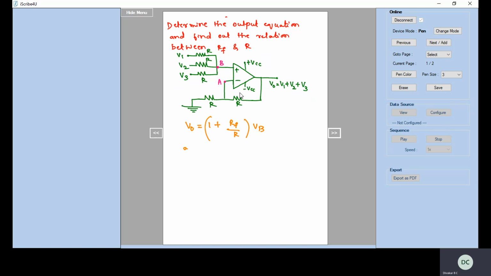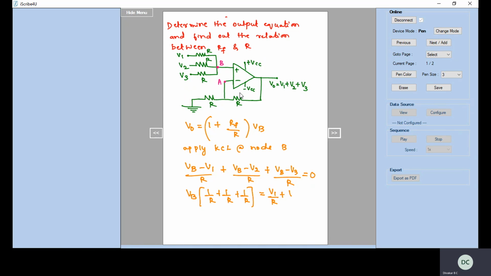Applying KCL, Kirchhoff's current law, at node B: (VB - V1)/R + (VB - V2)/R + (VB - V3)/R = 0. Taking the common term, VB × (1/R + 1/R + 1/R) = V1/R + V2/R + V3/R.